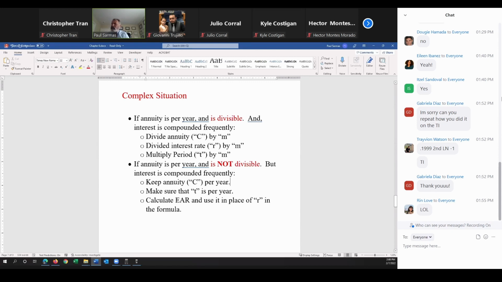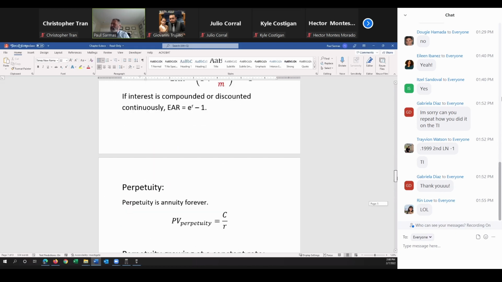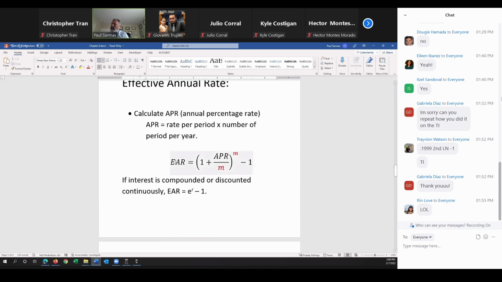And what you do for R, you calculate EAR. Do you remember effective annual rate? You take your rate, that's 10%. If it's compounded monthly, you take 10% divided by 12, plus 1, to the power 12, and then minus 1. You calculate EAR.